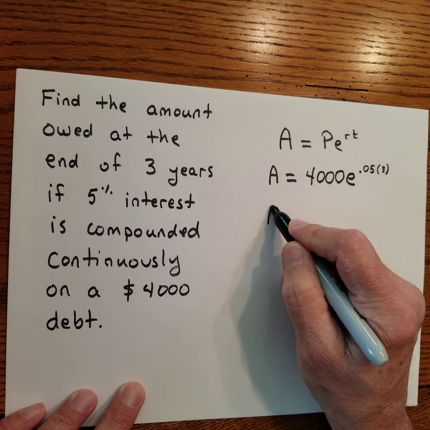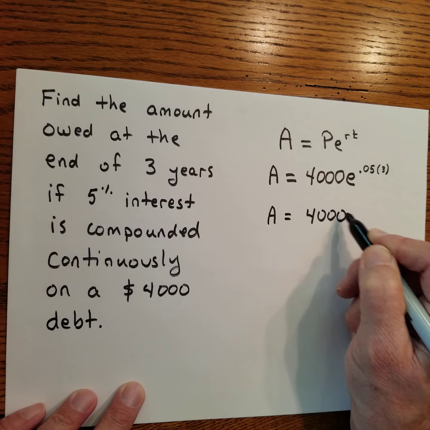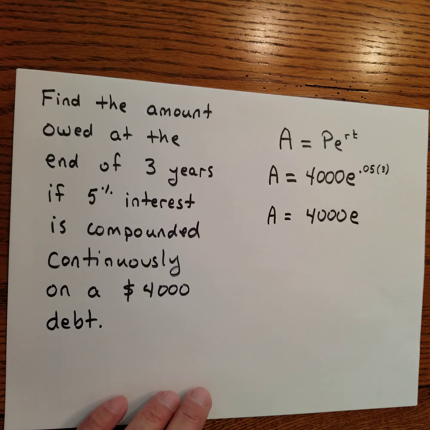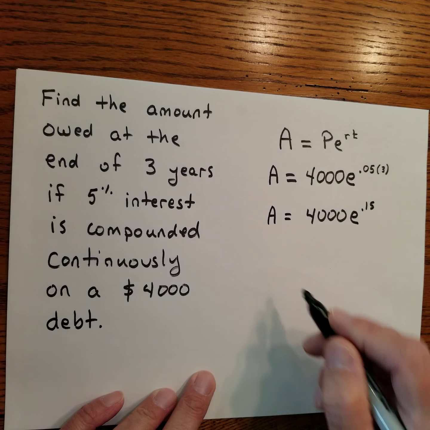Now let's compute. Copy the 4,000, copy the e, and multiply 0.05 times 3. 0.05 times 3 is 0.15.